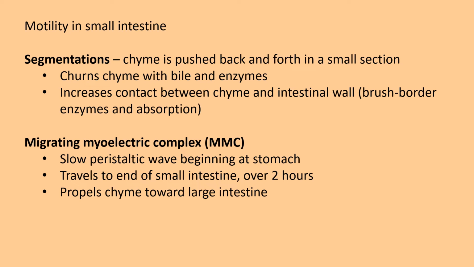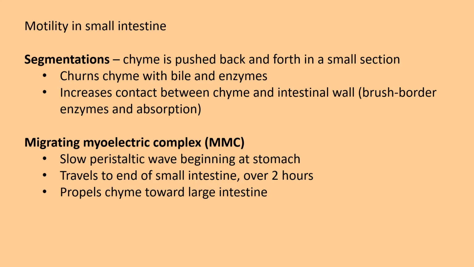And then the other type of motility that we observe in the small intestine, migrating myoelectric complex, or some places you might see it written migrating motility complex, same thing, MMC. MMC is this really slow peristaltic wave that actually starts in the distal region of the stomach, and then very slowly, this big wave of muscle contraction migrates from the stomach all the way to the end of the small intestine, to the ileocecal sphincter, which we'll take a look at in just a little bit.